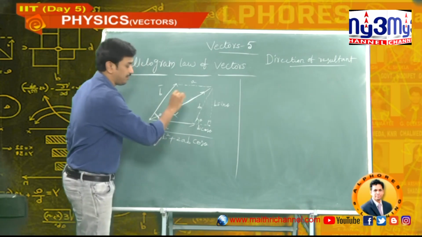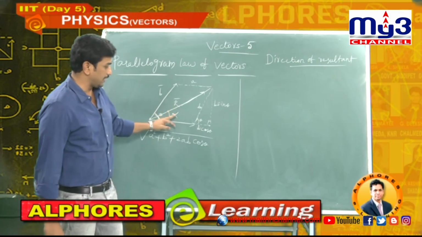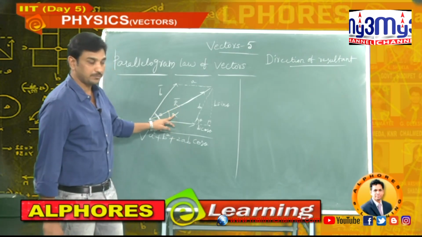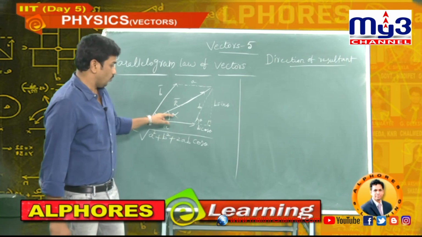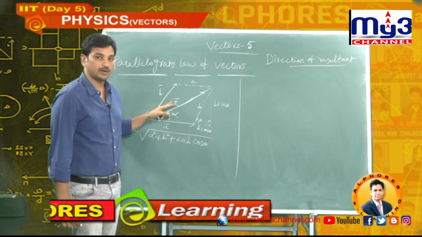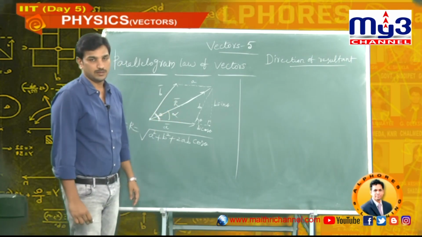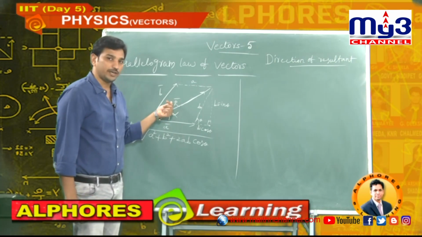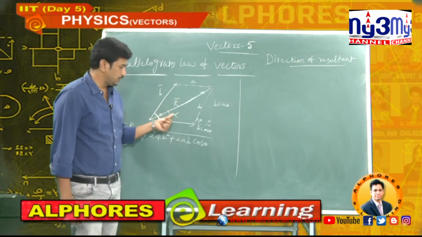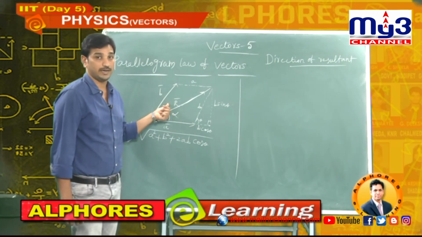Let this be alpha, the angle our resultant makes with A bar. With respect to A bar, the resultant vector makes an angle alpha, and that is the direction. How to calculate the location of the resultant? By using this alpha angle, I can locate where the resultant vector is.